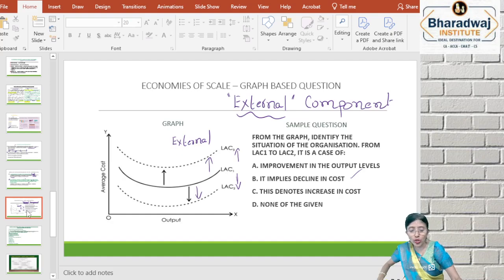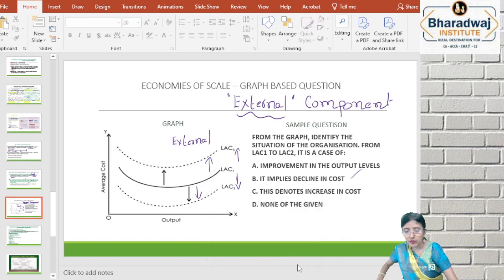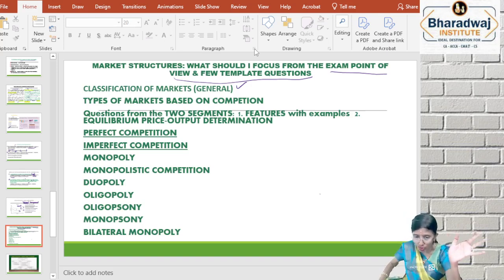Now we have to move on to market structures. What is important in the market structures topic? Please note what I should focus on from the exam point of view, and a few template questions. Classification of markets in general is there for you. From the general classification also they are asking questions; I will ask you also.